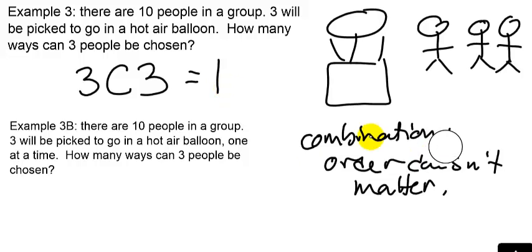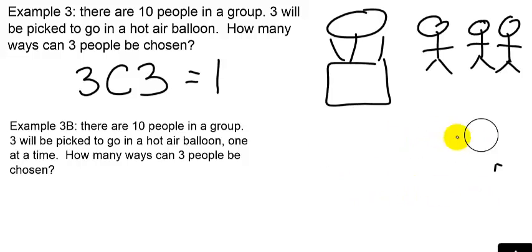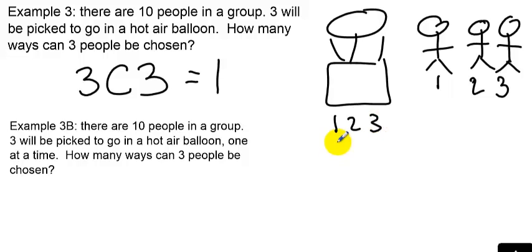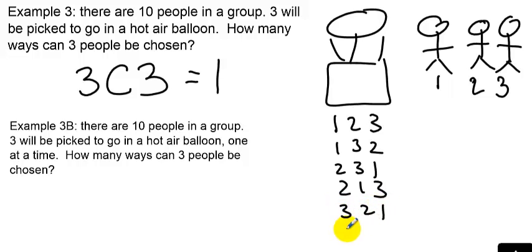Well, this is why. Let's say I do put an order on these people just for the sake of showing you this example. When they go into the balloon, they could be in the order when they're picked to go in: 1, 2, 3; 1, 3, 2; 2, 3, 1; 2, 1, 3; 3, 2, 1; and 3, 1, 2.